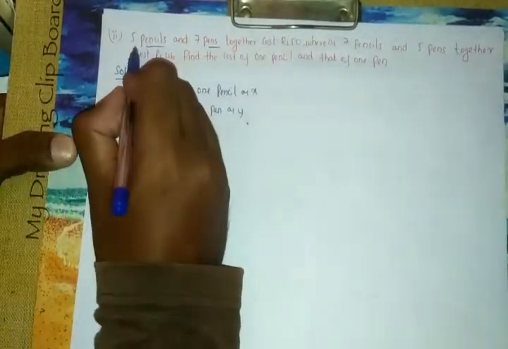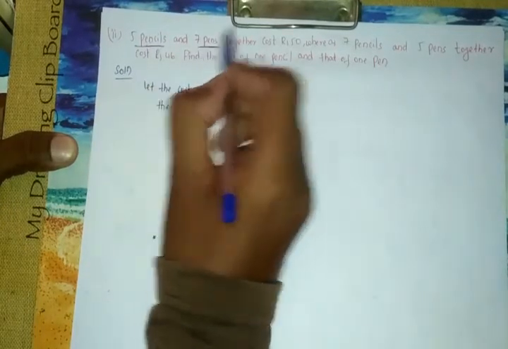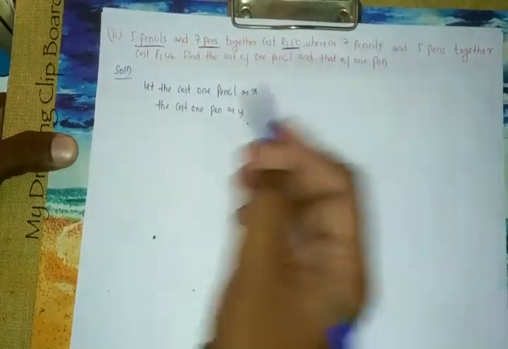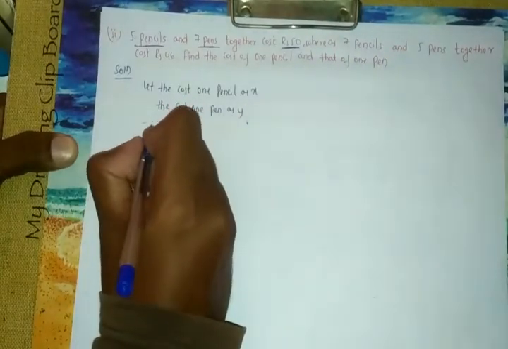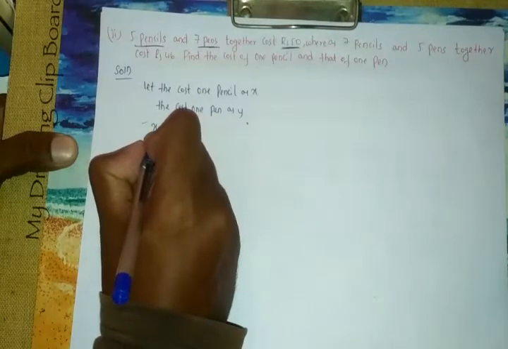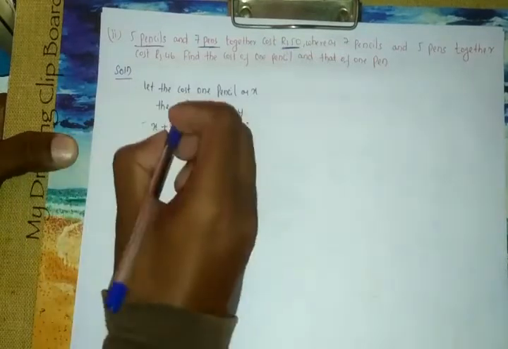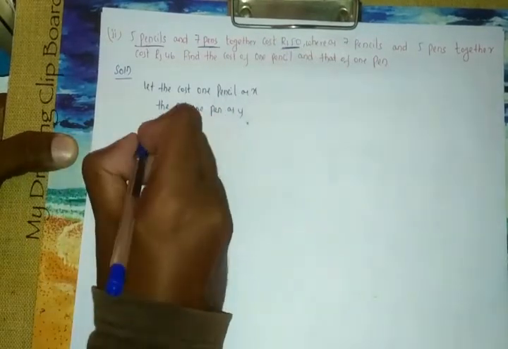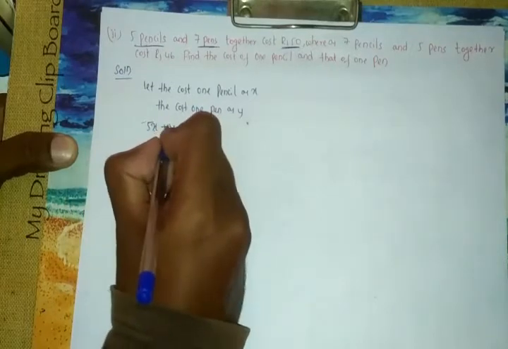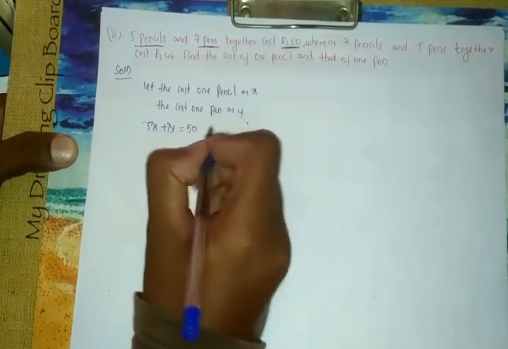The first situation is 5 pencils and 7 pens together costing rupees 50. That means we have 5x for the pencils and 7y for the pens, so 5x plus 7y equals 50.